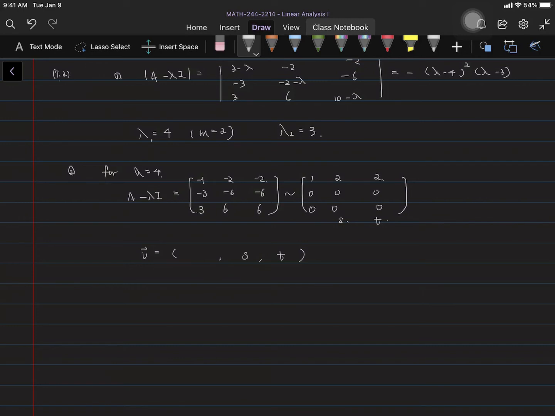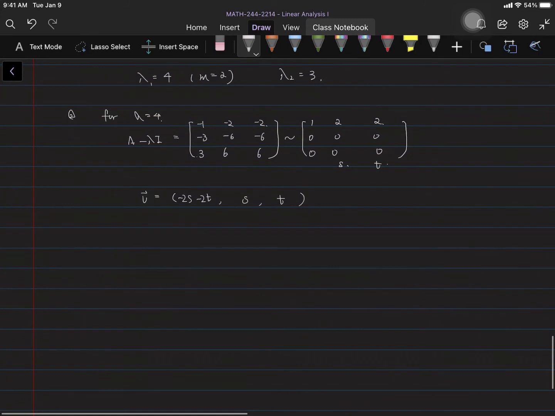S and T here, and what is V1? So V1 should be negative 2S minus 2T, but we want to rewrite this as a linear combination of s and t. Okay, s times (-2, 1, 0), right? And t times (-2, 0, 1).